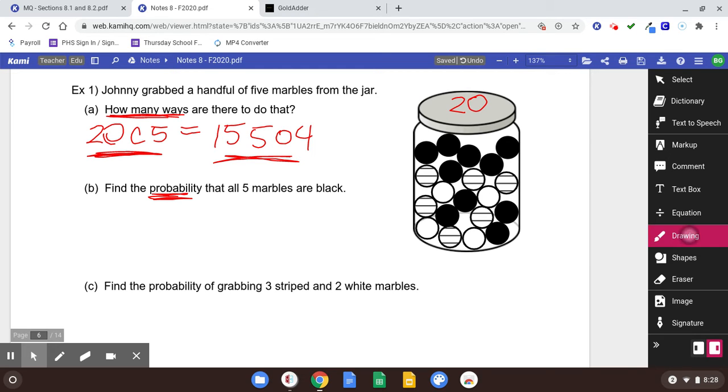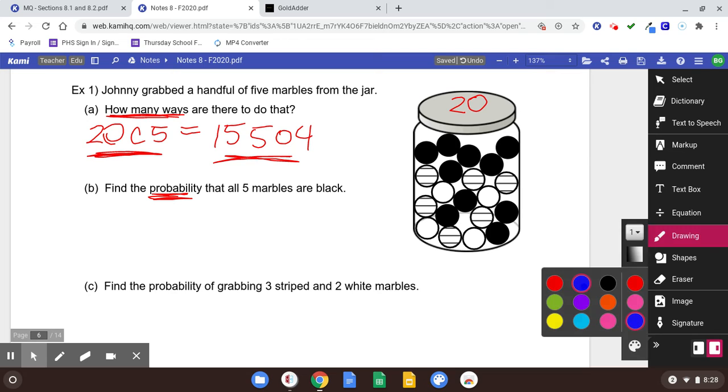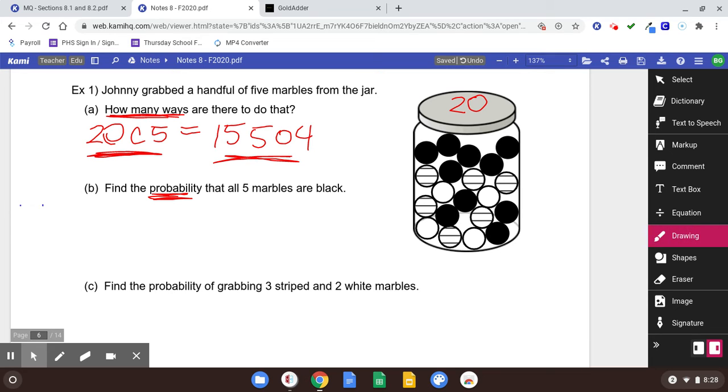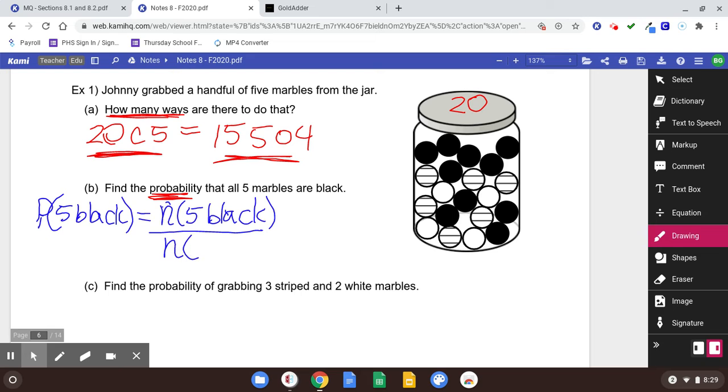So let's think about this. If we're finding the probability that 5 are black, that means you need to look at the number of ways of getting 5 black over the number total.